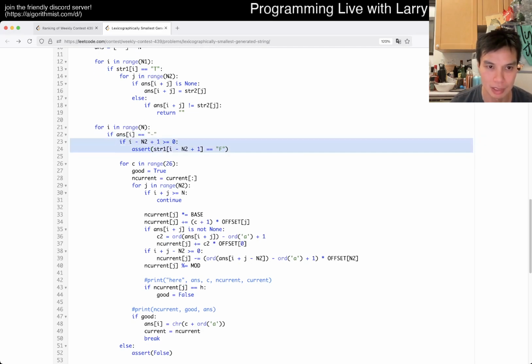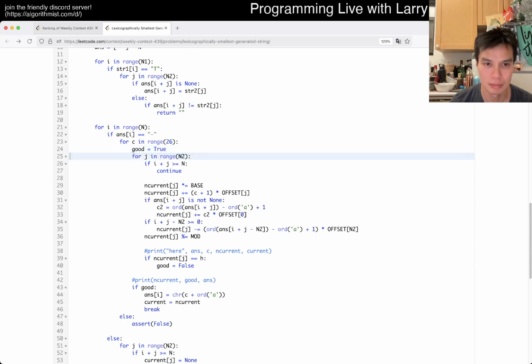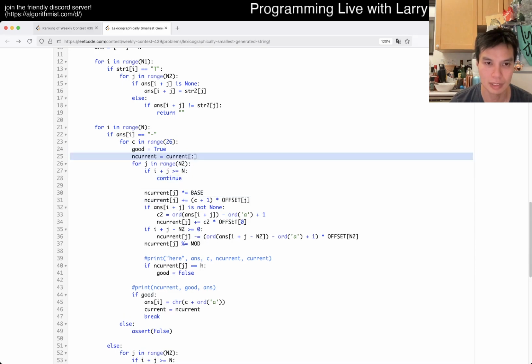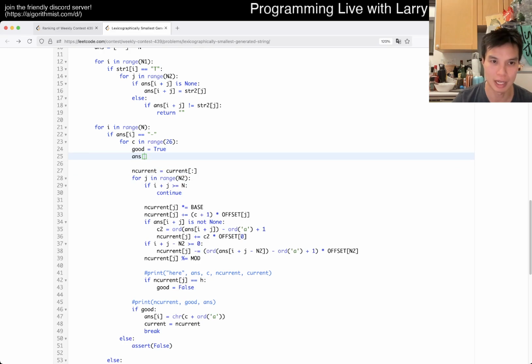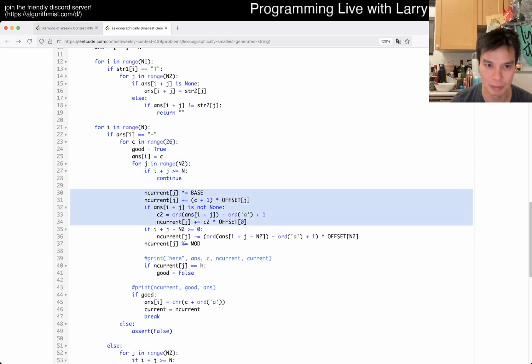We don't care about that for now. And then it's just, yeah, we try to see by setting, we can actually just set instance of I is equal to C. And then for each of these J, we can just do a string lookup, right?